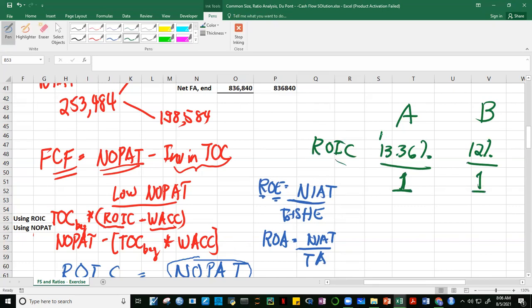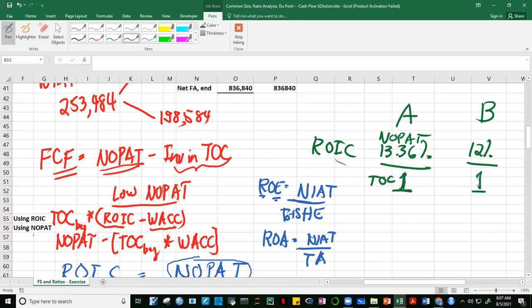Remember, NOPAT is the numerator and TOC is the denominator. So how do we interpret that? For every 1 peso of operating capital provided to the management, they earned 13 centavos of operating profit after tax.